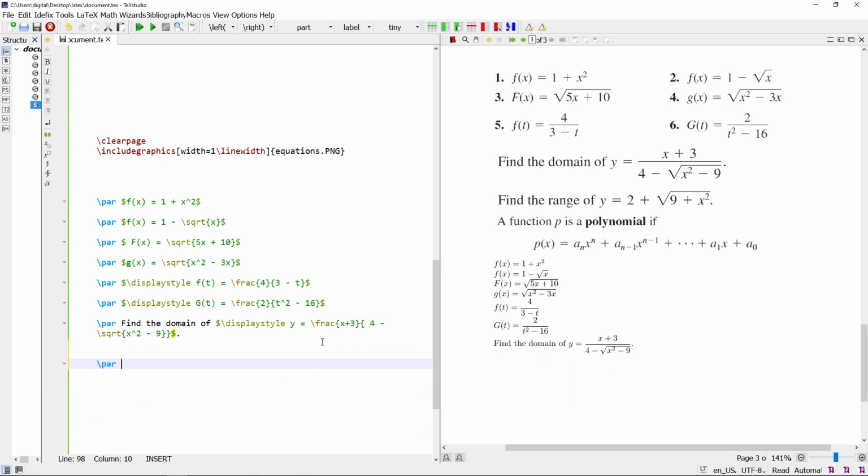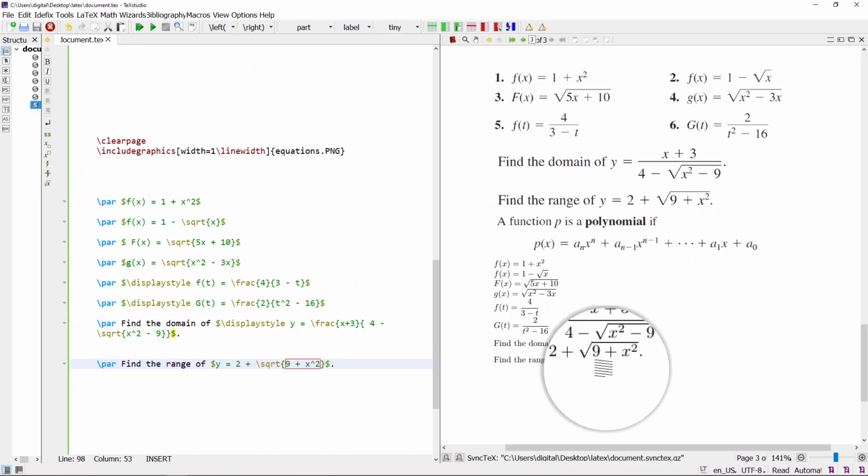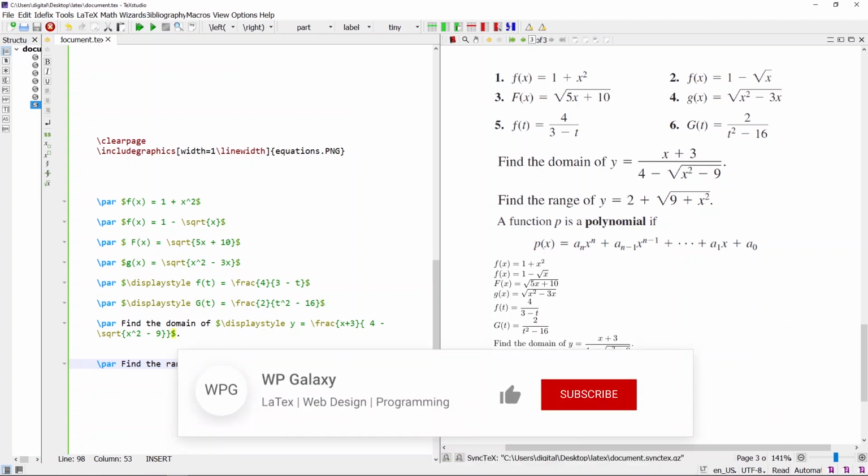After this, find the range of y is equal to 2 plus square root of 9 plus x square. It is coming here. And the last one is a function.